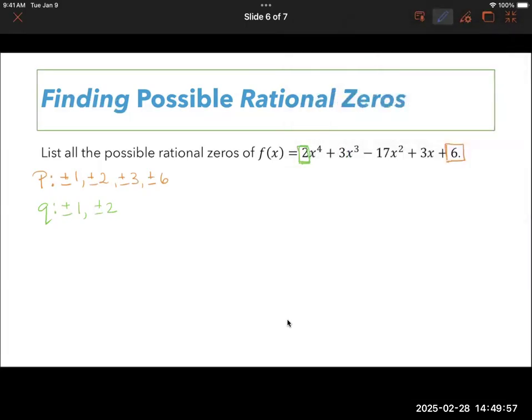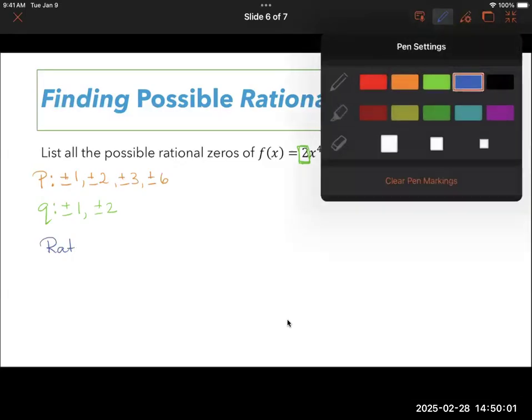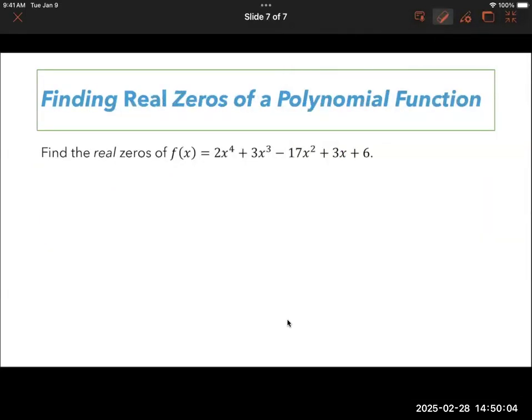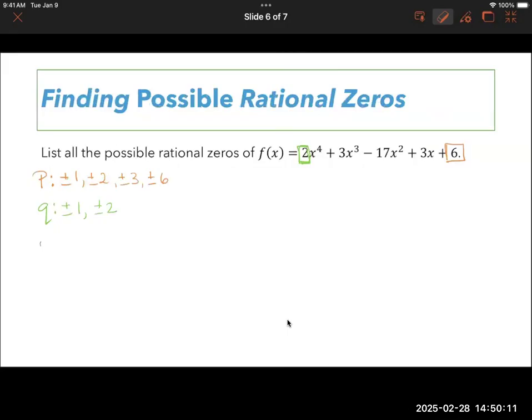So to get the possible rational zeros, let me go back here for a second because I want to make this very clear. Now remember, rational numbers are those that can be written in fraction form.